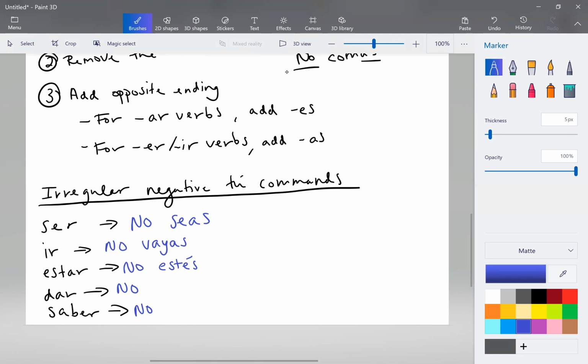So you could be like, don't be out too late. No des. Don't give. Don't give chocolate to the dog. No des. And saber. No sepas. Yep, exactly. Sepa and sepas for tú. That means don't know something. Maybe like don't find out. Like you'll regret knowing that, you know, we could use it that way. We don't use that one too much because you very rarely tell someone not to know something.